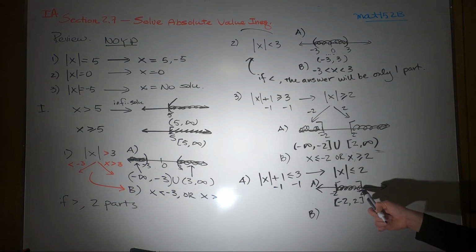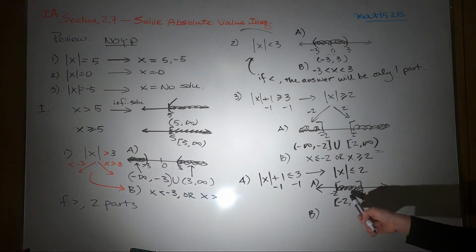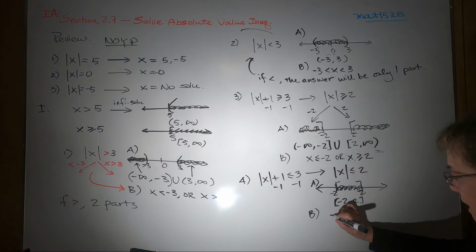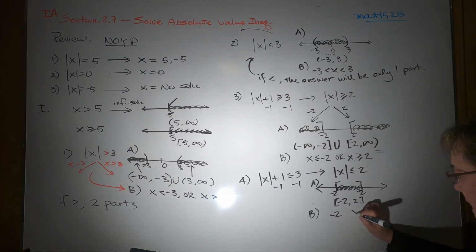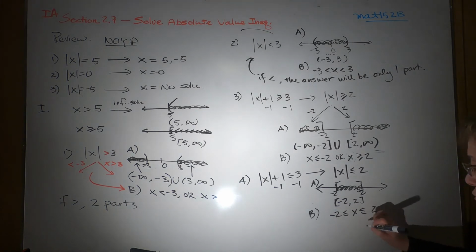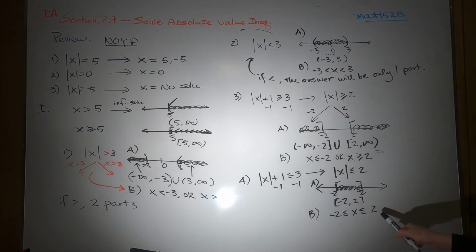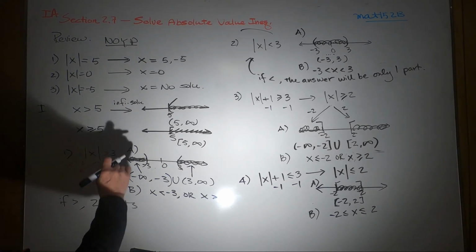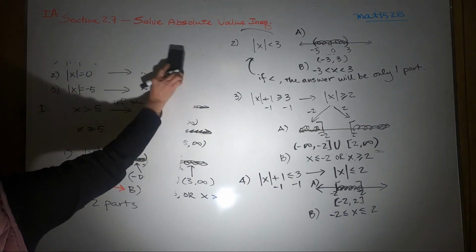You only have 1 part. It's confined within -2 and 2. So you're confined with these 2, X is in between. You still write as 1 part, but you have 2 inequality symbols, right, to describe the range of the X. Okay, so that's just individual X. We do that.